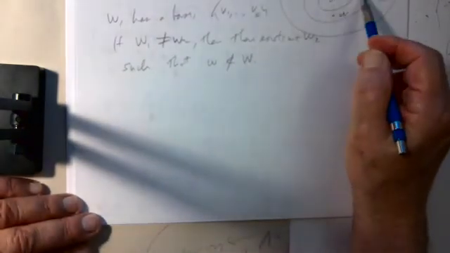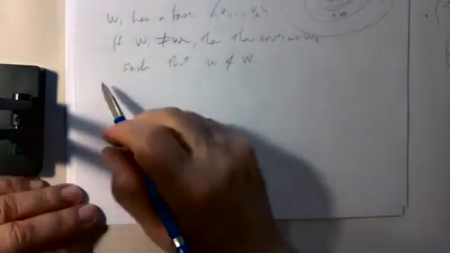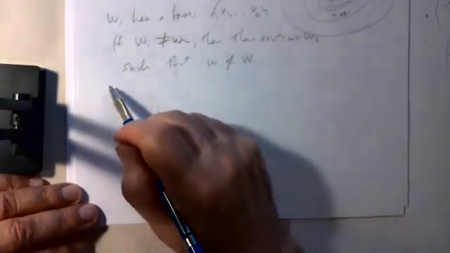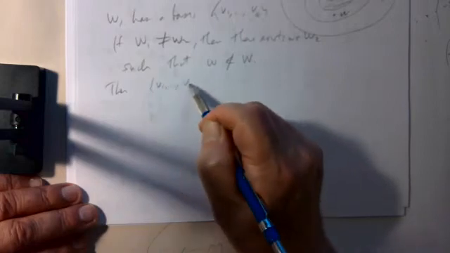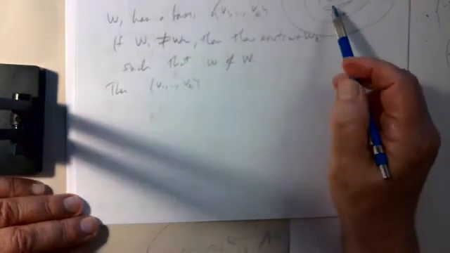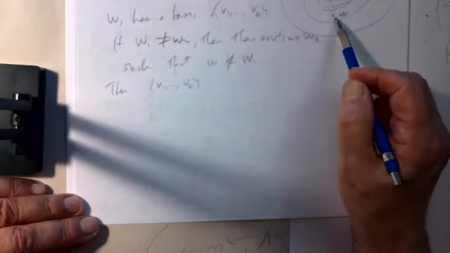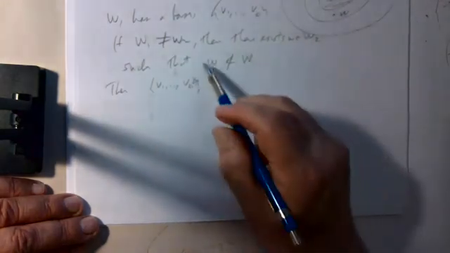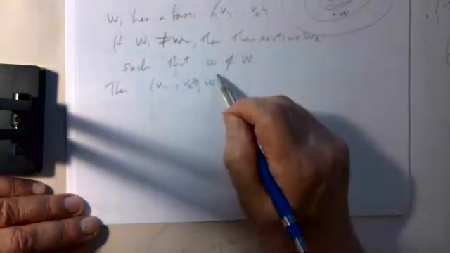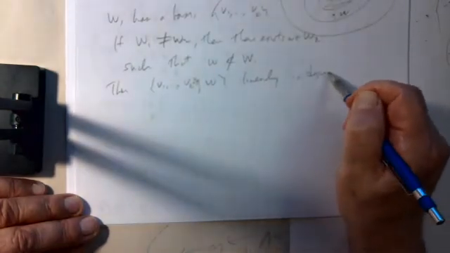If W1's a proper subset of W2, there's a vector in W2, not in W1. Call it W. So we proved the lemma that says if you have a linearly independent set and it generates a subspace, W1, and you take a vector not in that subspace, those K vectors in the original basis together with W are linearly independent.